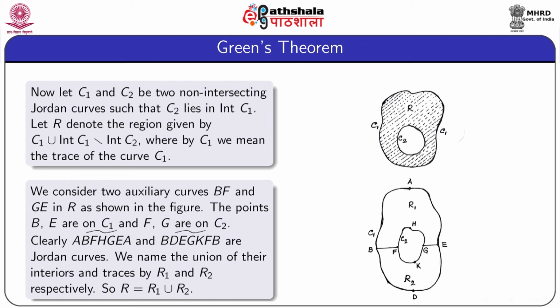Now, we consider two auxiliary curves BF and GE as shown in the adjacent figure. The points B and E are on C1 and F and G are on C2. Clearly, the curves ABFAGEA and BDEGKFB are Jordan curves. We name the union of their interiors with traces as R1 and R2 respectively. Clearly, R is the union of R1 and R2.